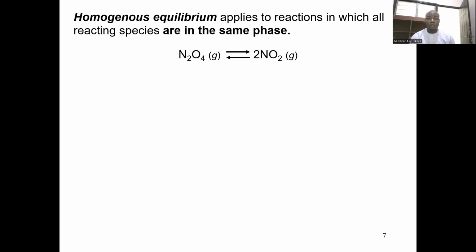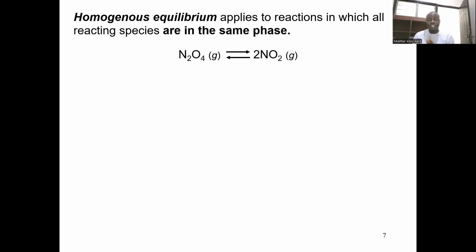So we also have homogeneous equilibrium. Homogeneous equilibrium applies to the reaction in which all the reacting species are in the same phase. So you see, these are the reacting species, the reactant and the product. You see that they are all in the same phase. They are all gases. So that is what you call homogeneous equilibrium. So when you see a reaction, you check the reactant and the product.